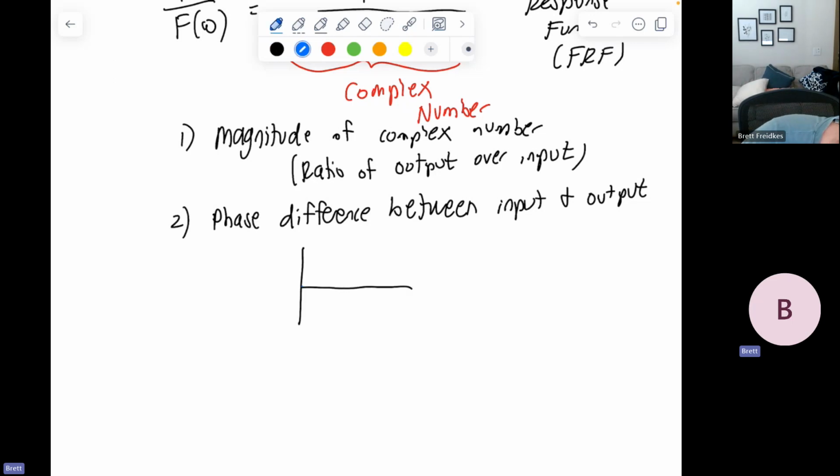Let's say this is my force. My force is sinusoidal. And at a particular frequency, maybe the displacement's a little bit behind it. And when I say behind, it looks like it's in front of it, right? I mean, just looking at it to the right.